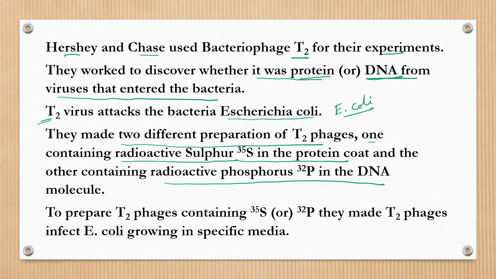Now, how did they prepare these two different preparations? To prepare bacteriophages containing radioactive sulfur or radioactive phosphorus, they made the bacteriophages infect Escherichia coli growing in specific media.